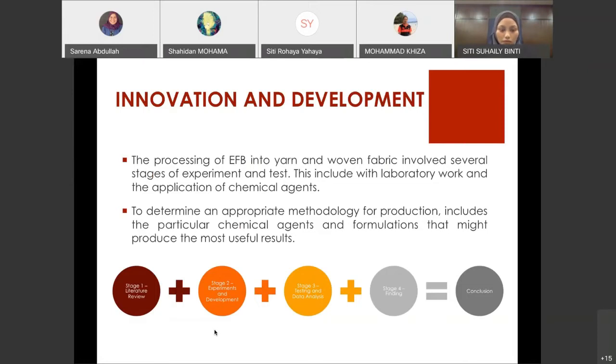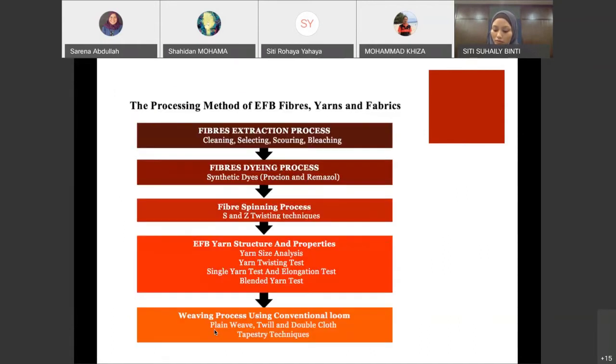This research also undergoes a few steps of fiber extraction process and selection of quality fibers. I will show you the processing method of EFB fibers, yarn, and fabrics. Okay, this is the step before it turns into a product.